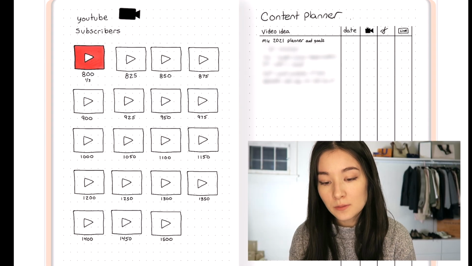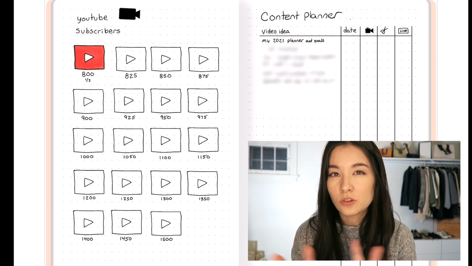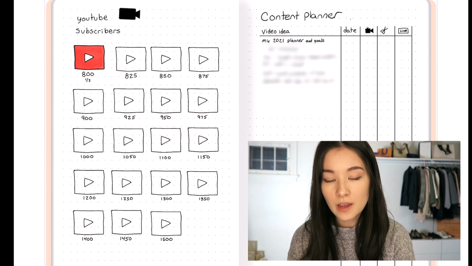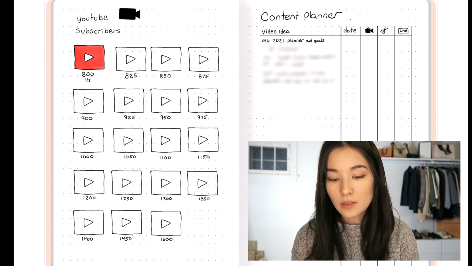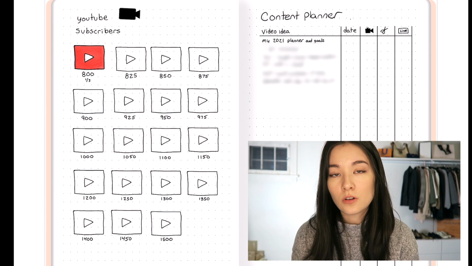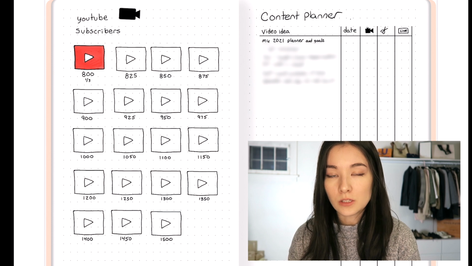Okay, and then my next page, you might not be interested in, but in case you are, I'll show you guys. This is my YouTube spread. It's pretty straightforward. On the left, I have the subscriber count. Every time I hit a milestone, I will color it in, and similarly to how I do the financial goals, this helps me keep my mind on track and get excited when I hit these small goals.